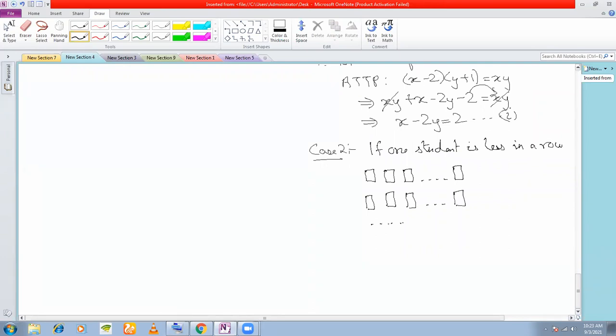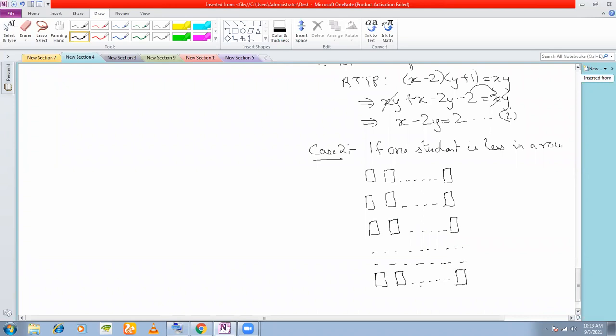Okay, let me draw the third one also. Let me not draw this, because I'm reducing the number of students by 1 in each row. Okay, so now see, one student is less in a row.